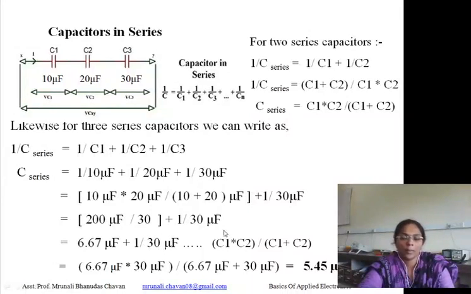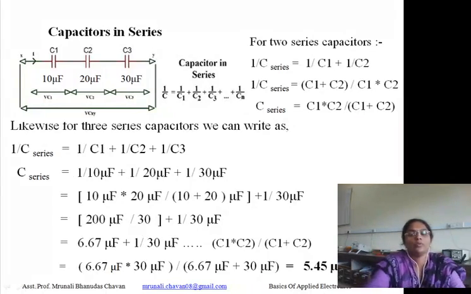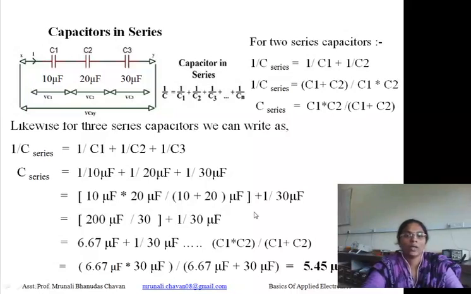If we again apply this formula, we will get C series equal to 5.45 microfarad. Likewise, we can calculate the value for n capacitors connected in series and n capacitors connected in parallel.